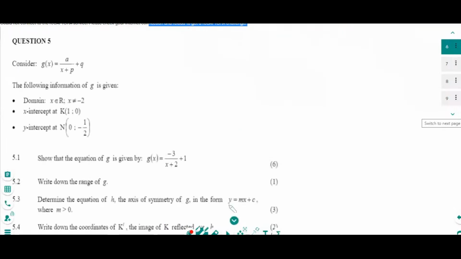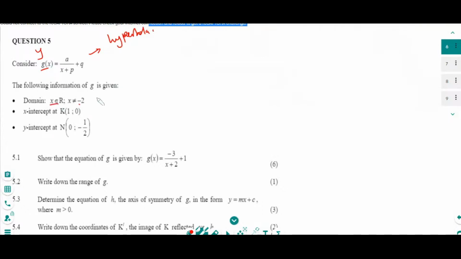And then question number 5, they are telling us to consider g of x. Remember we said g of x is the same as y equals a over x plus b plus q. So what type of graph is this? It's a hyperbola. So the following is given. The domain is x is a set of real numbers, x cannot be negative 2.